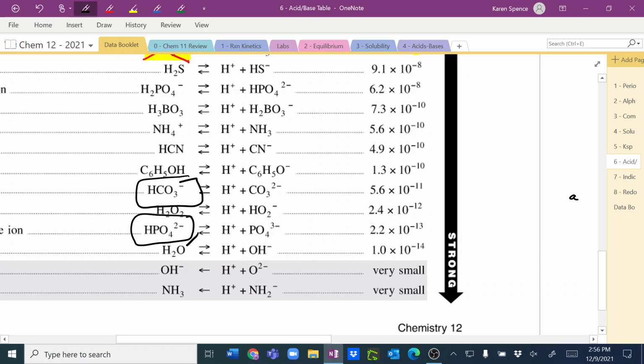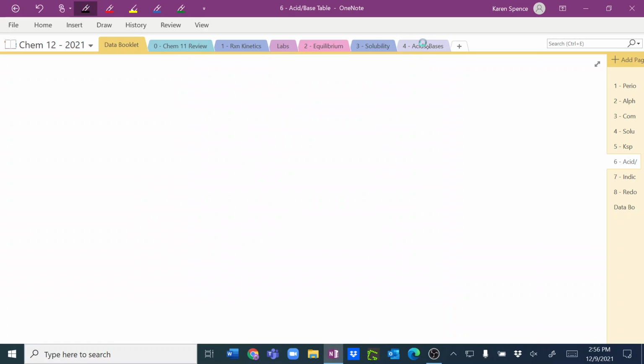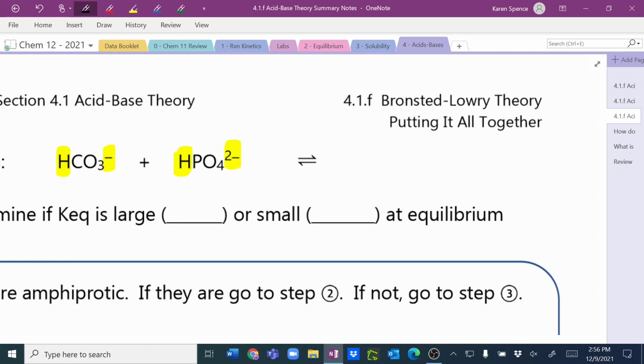I'm going to change this question for next time, so I flip them around so you can't accidentally get the right answer. We go back here. So this one is stronger, and this one is weaker.